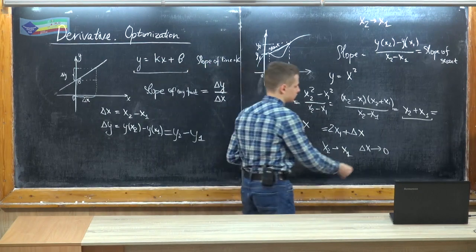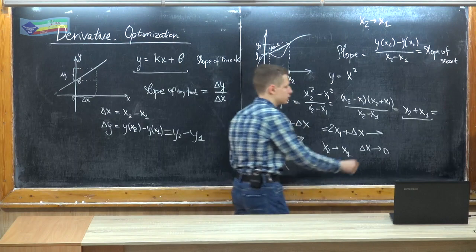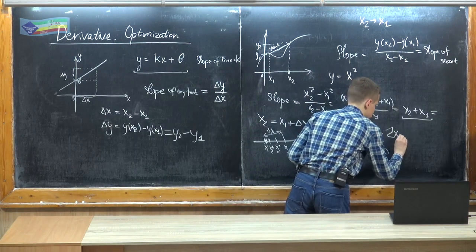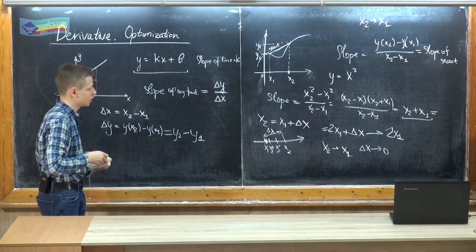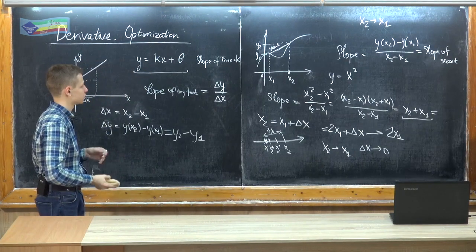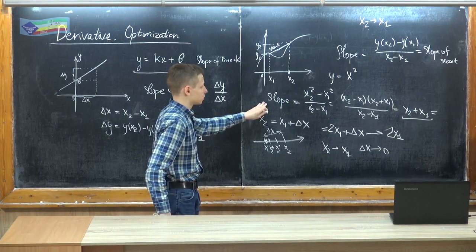And in that case, this slope is getting closer and closer to 2x1. So there we get that the slope depends only on x1.